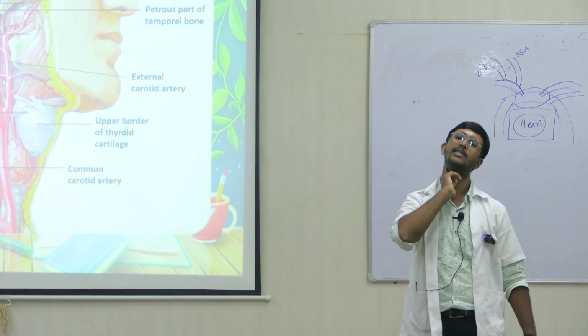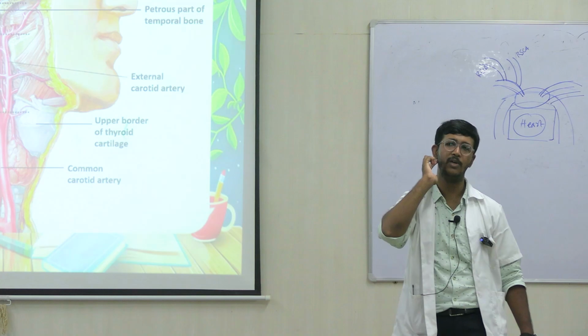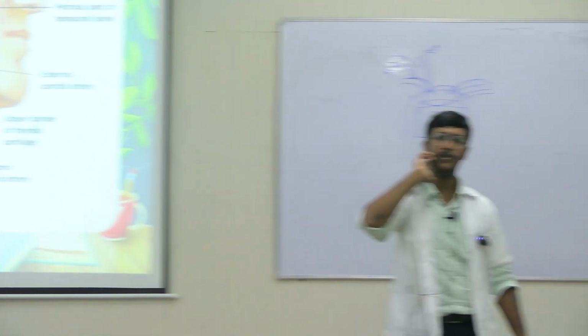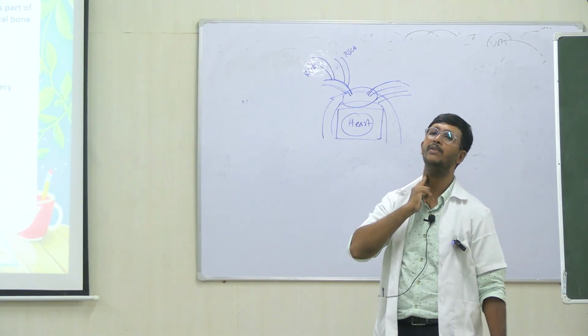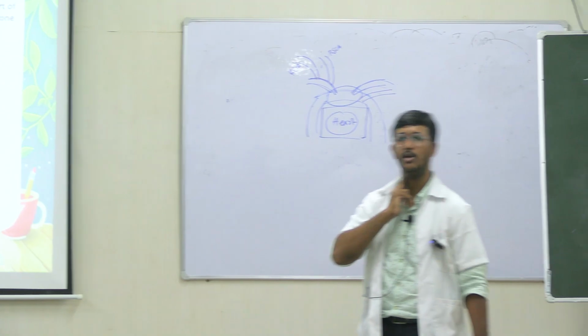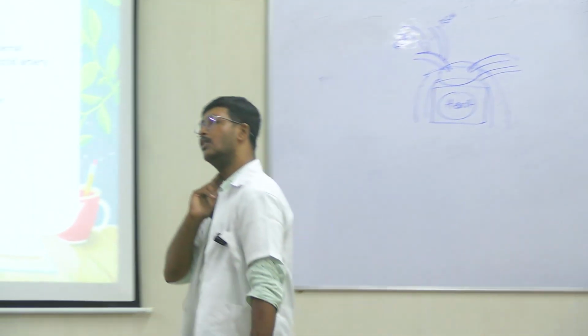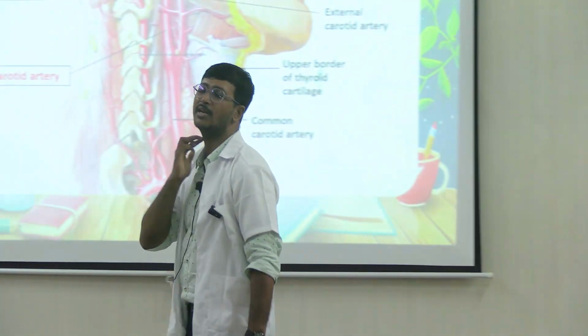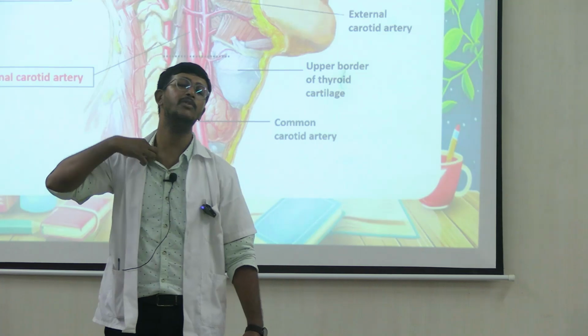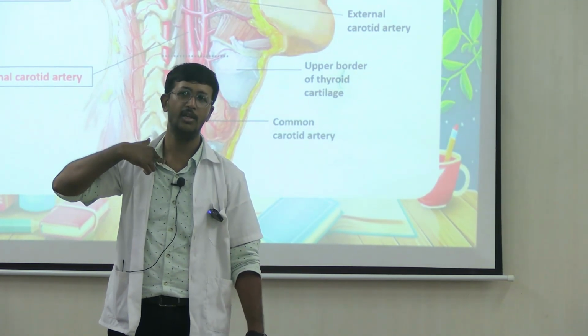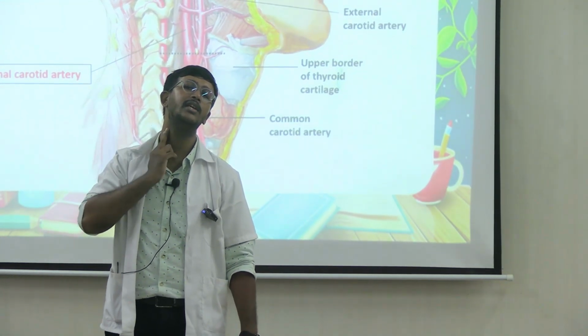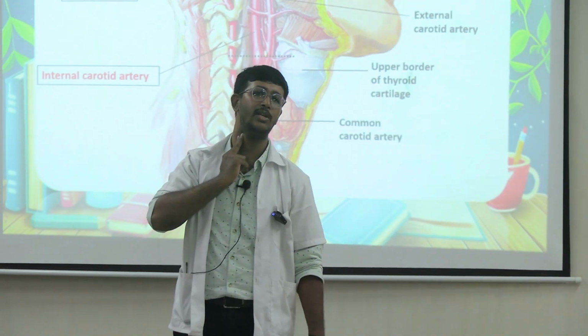As you ascend upward, this artery is very superficial, so you can keep on feeling the pulse. Are you able to feel? Try to see side by side. So from your sternoclavicular joint 4 centimeter upwards, you can feel this carotid pulse.